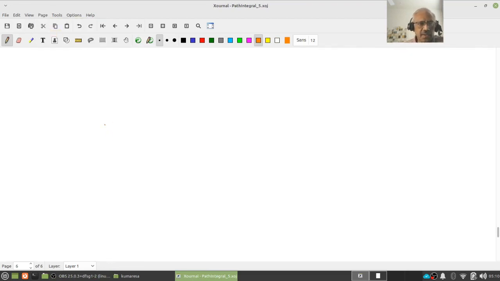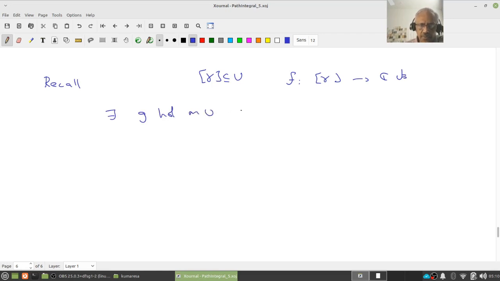So let us recall, we proved the following result. As usual, gamma is a path in U. F is a continuous function on gamma to C. If there exists G holomorphic on U so that G prime of gamma(t) equals F of gamma(t) for all t in [a, b], then we know the integral of F over gamma is 0 for any closed path.